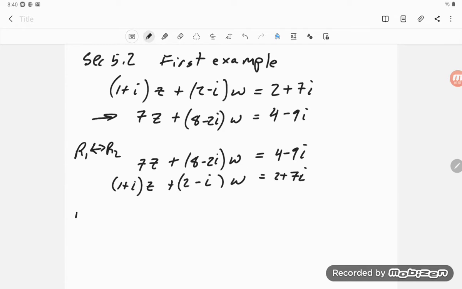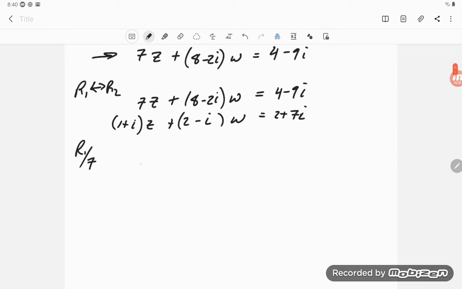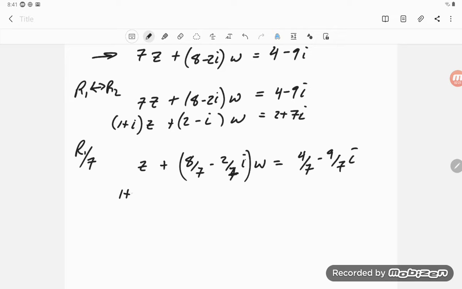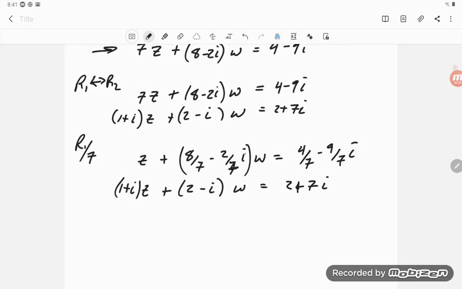I'll take r1 over 7, and so I get z plus 8/7 minus 2/7 i w equals 4/7 minus 9/7 i, and (1 plus i)z plus (2 minus i)w is 2 plus 7i.